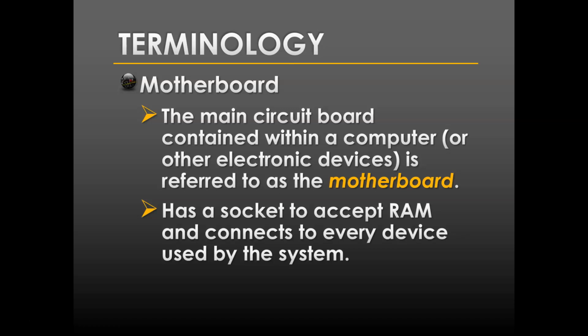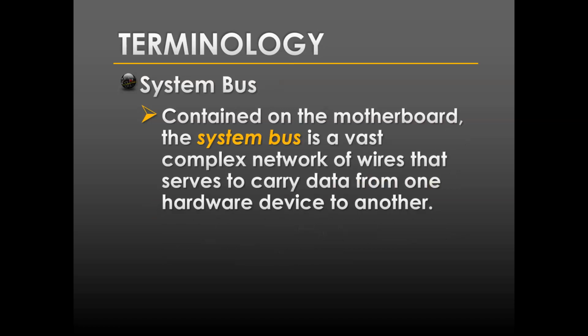It has a socket to accept RAM and connects to every device used by the system. We'll talk more about RAM later. Another piece of terminology is the system bus, contained on the motherboard, and it's a vast complex network of wires that serves to carry data from one hardware device to another.